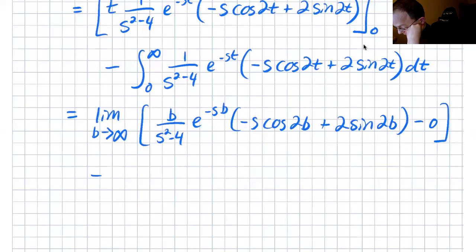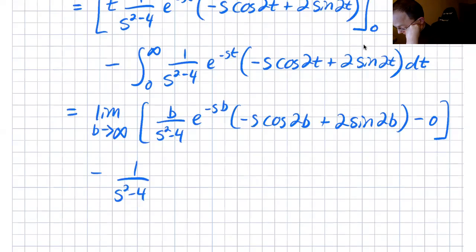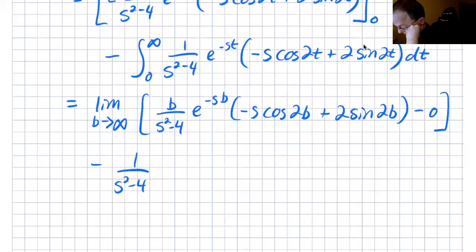Okay, so that'll just be minus 0. And then this bottom integral, let me see, I can factor this thing out. Oh, actually, maybe I'll do it in a different way. So I'll do plus s over s squared minus 4, integral from 0 to infinity, e to the negative st cosine 2t.